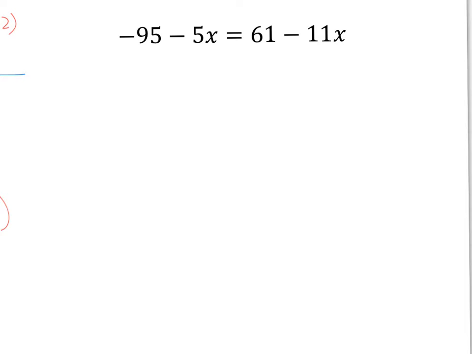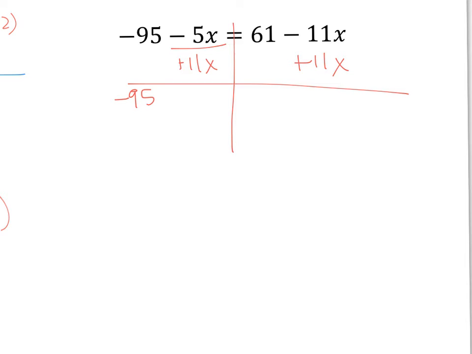Let's take a look at the next example. So again, I want to get my x's on the left-hand side and my numbers on the right. So I'm going to add 11x to the left-hand side. And I could at the same time get rid of this negative 95, but I'm just going to go step by step. And I have negative 95. Negative 5x plus 11x is plus 6x equals 61.